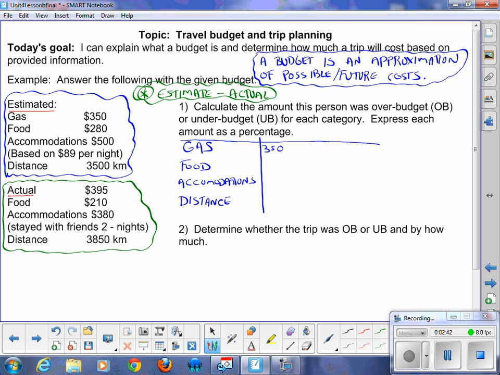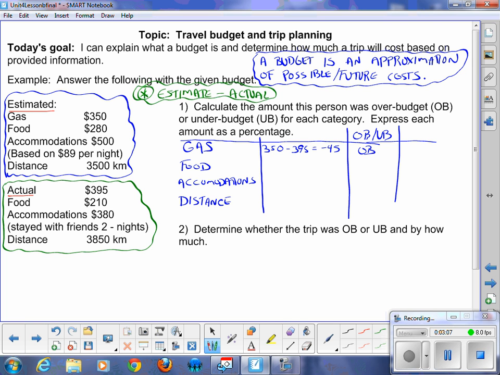So 350 minus 395 equals negative 45. So that means that in that category, we went over budget. We didn't plan enough money for gas.